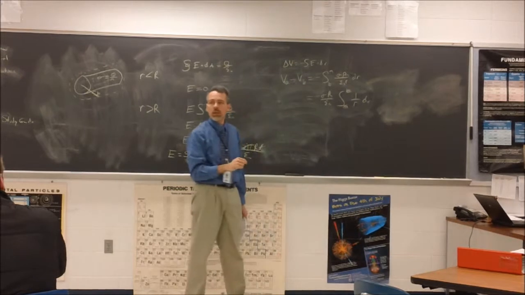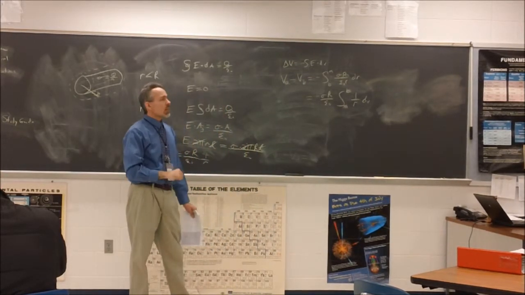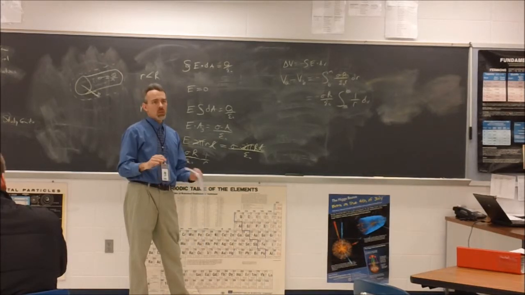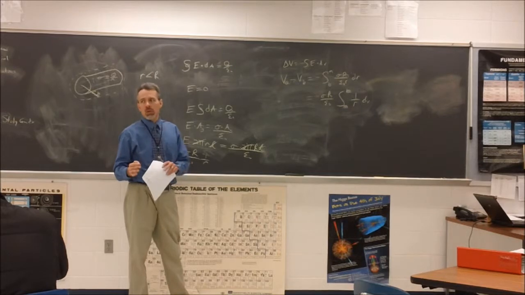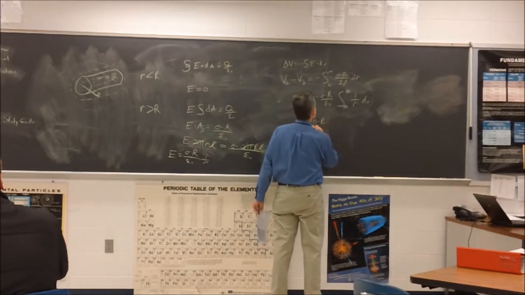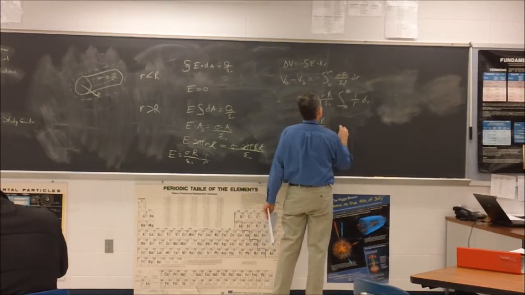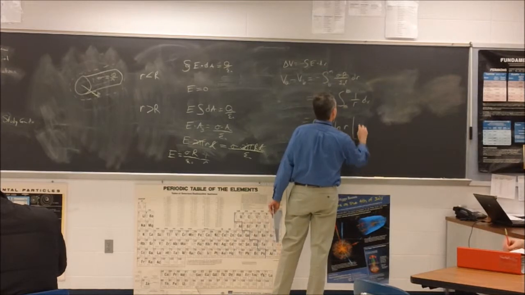Is that okay? Okay. So if I anti-differentiate 1 over r, this is one of those exceptions to the power rule. This is natural log. So this is going to be equal to sigma R over epsilon naught times the natural log of r, and I'm evaluating from a to b.